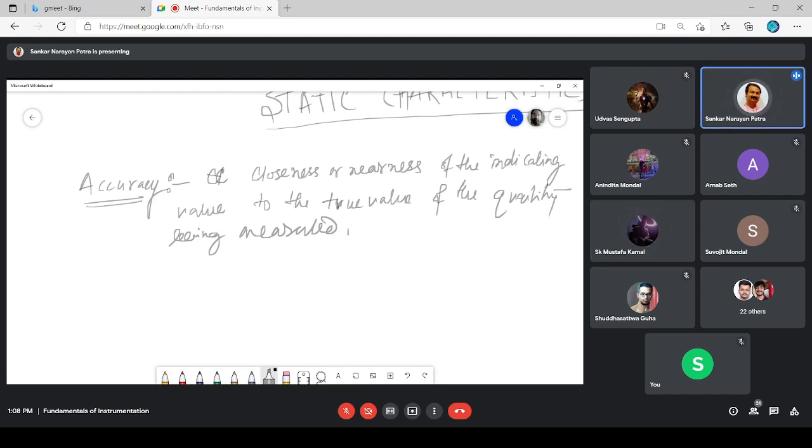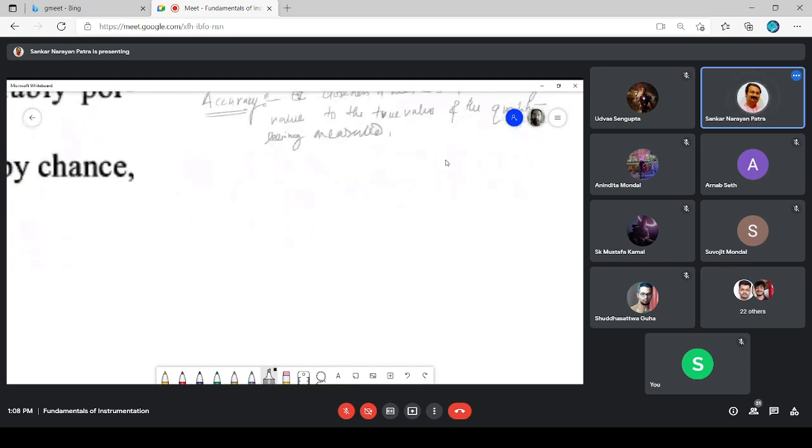Very good. There will be certain kinds of accuracy, like span accuracy. I'll discuss this in detail, but before this, let me talk about some other parameters like static error. Error and accuracy are quite related.